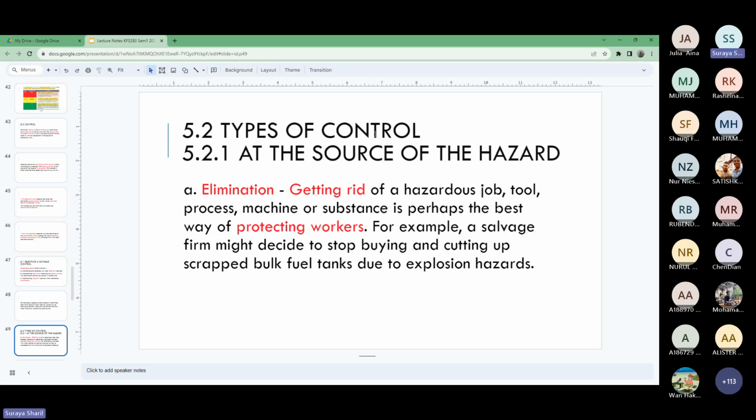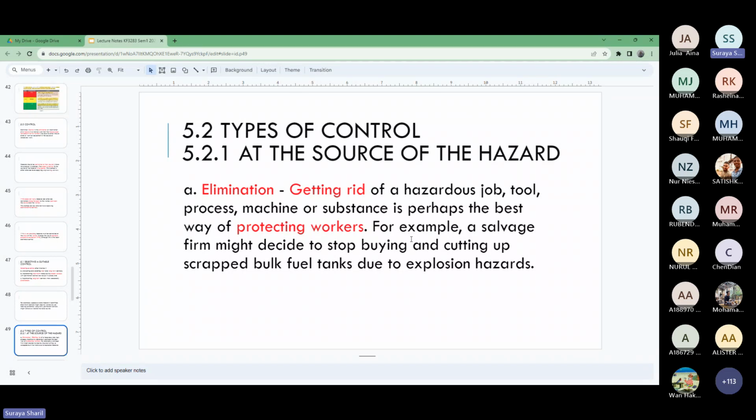Okay, types of control. The first one, at the source of the hazard, is elimination. If it is possible, getting rid of the hazardous job or tool or process or machine or substance is perhaps the best way of protecting workers. So this can be the best one.